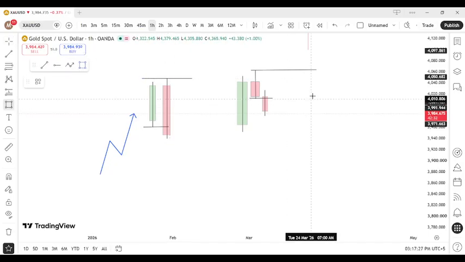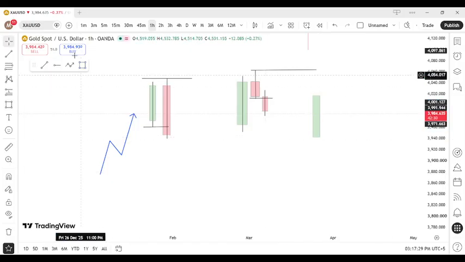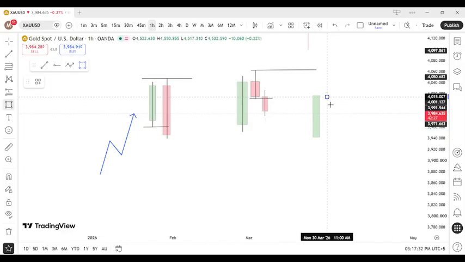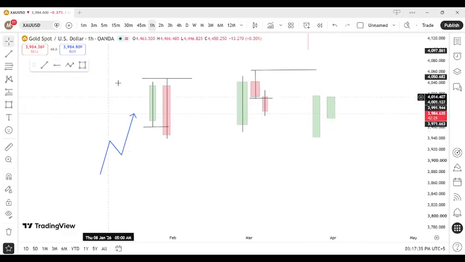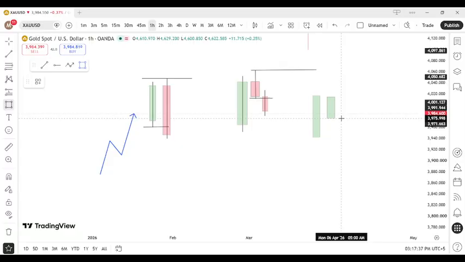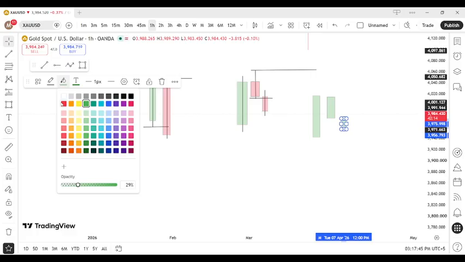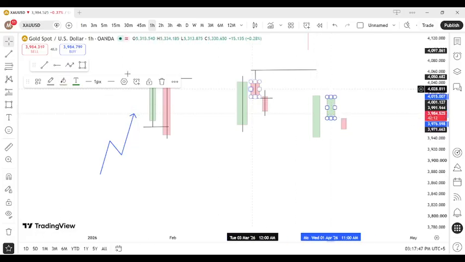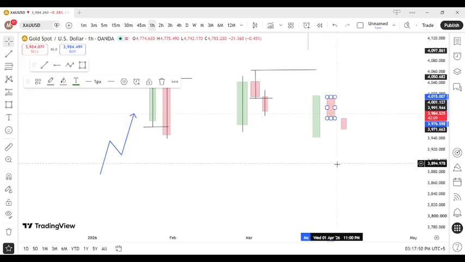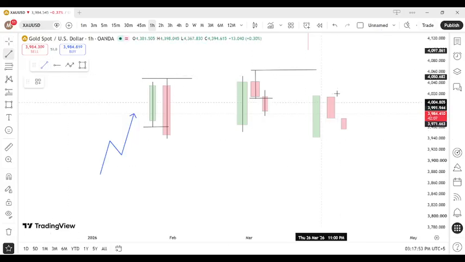If we have this green candle, and for example this red candle, and then another red candle, and we have this much low, this is the low of this candle and this is the low of this candle.